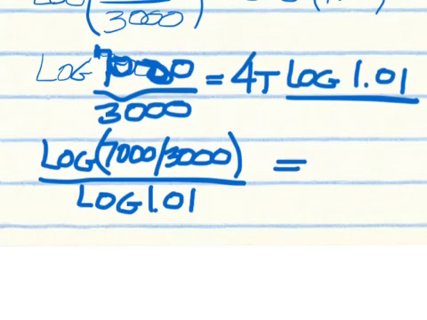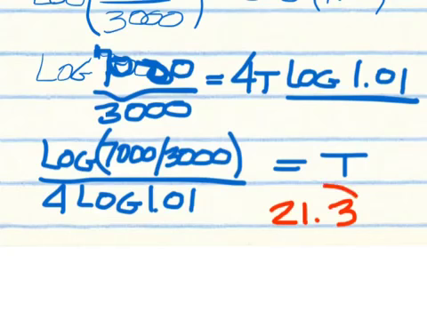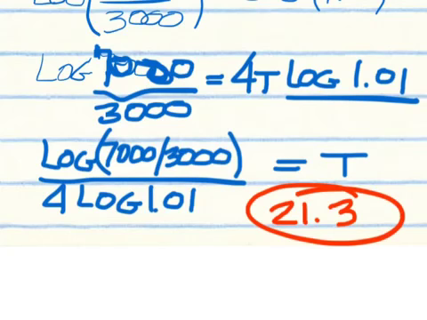And then we can also jump to the next step because we have a 4 there, we can include that 4 over there when we divide. And that'll leave t by itself, and just barely enough room to write the final answer once we do these calculations. You should come out with a value that is 21.3 if we round to the 10th place, and that represents years.